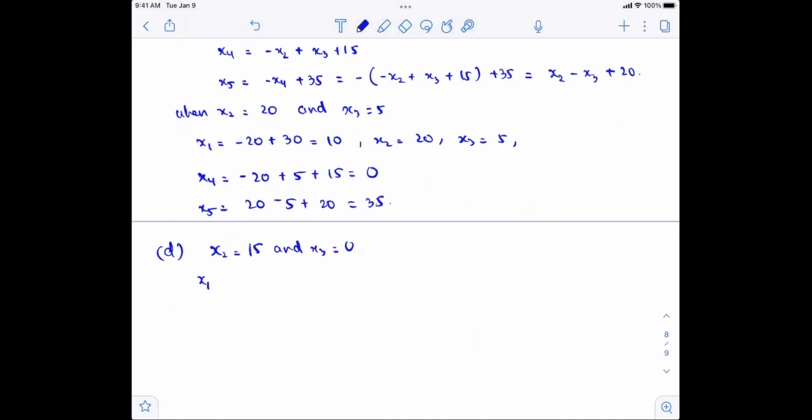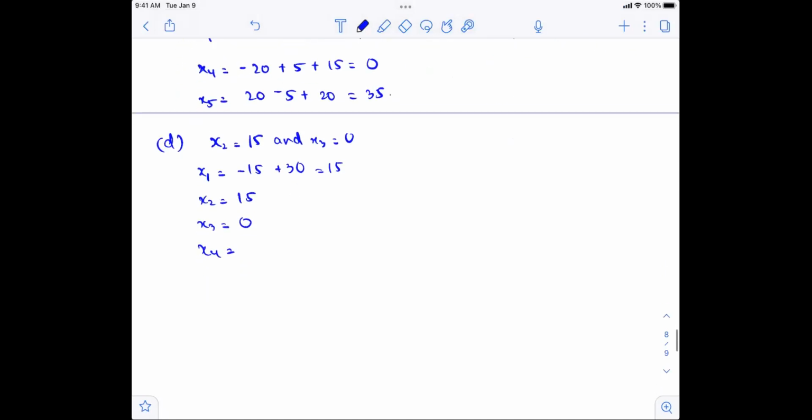Therefore x1 is equal to negative 15 plus 30 equal to 15. x2 is equal to 15, x3 equal to 0, x4 is equal to negative 15 plus 0 plus 15. This gives me 0. And x5 is going to be 15 minus 0 plus 20, and this is equal to 35.